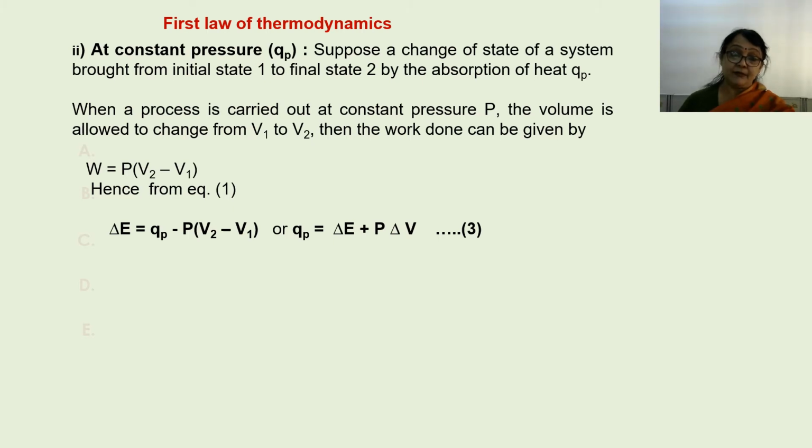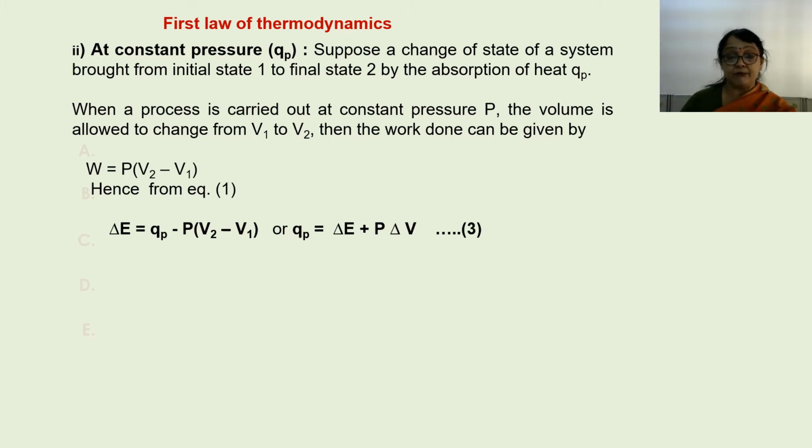We know the equation first, that is, del E is equal to Q minus W. From equation first, del E is equal to Q minus P into V2 minus V1.